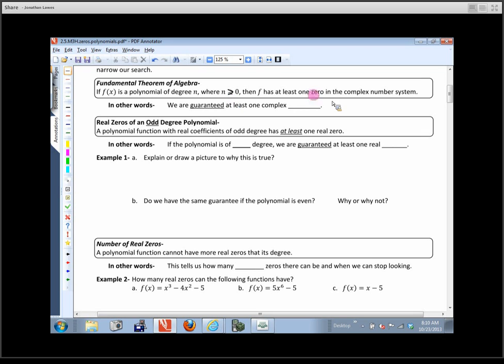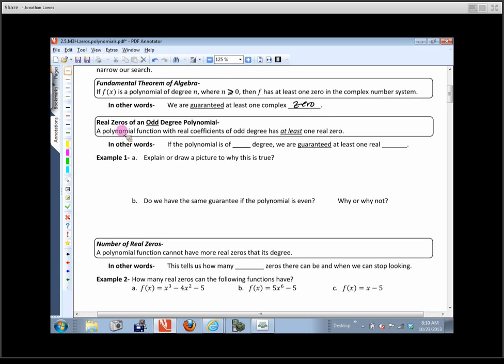Okay, then it has at least one zero in the complex number system. So we're guaranteed at least one complex zero. So if you're working with a polynomial that's degree 1 or higher, we're guaranteed that we're going to get one complex zero. So it's not like we're going to search forever and not find one. We're guaranteed of finding at least one.